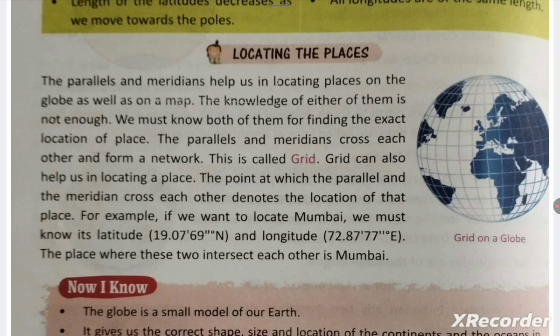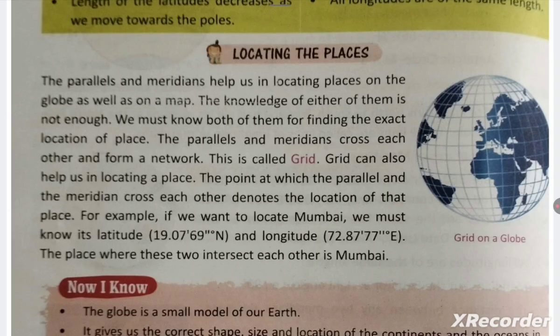The parallels and meridians cross each other and form a network. This is called grid. Grid can also help us in locating a place. The point at which the parallel and the meridian cross each other denotes the location of that place.